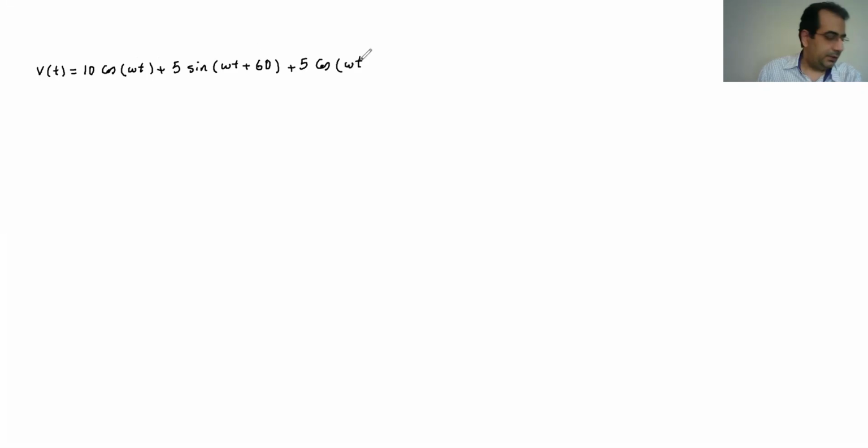So let's look at an example of how we can use the phasor in our calculation. Assume that we have, for example, the voltage in the form of 10 cosine omega t plus 5 sine omega t plus 60 plus 5 cosine omega t plus 90.